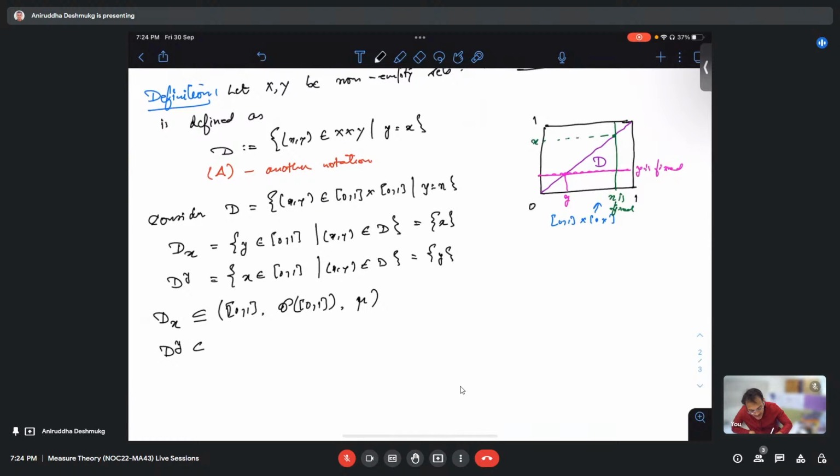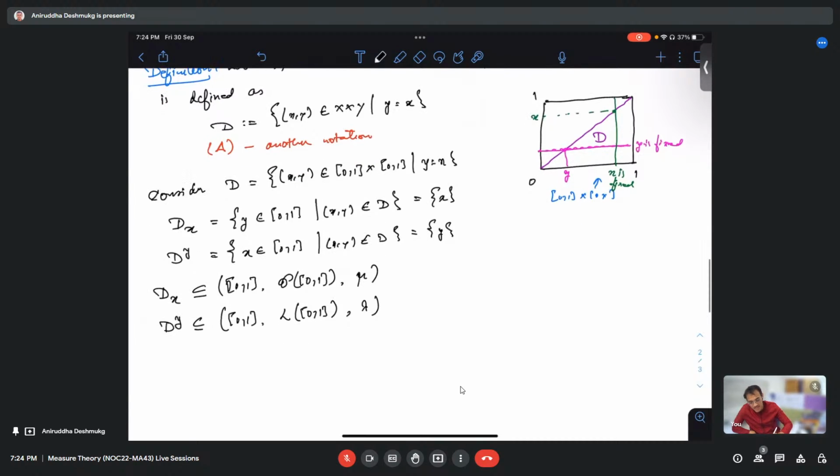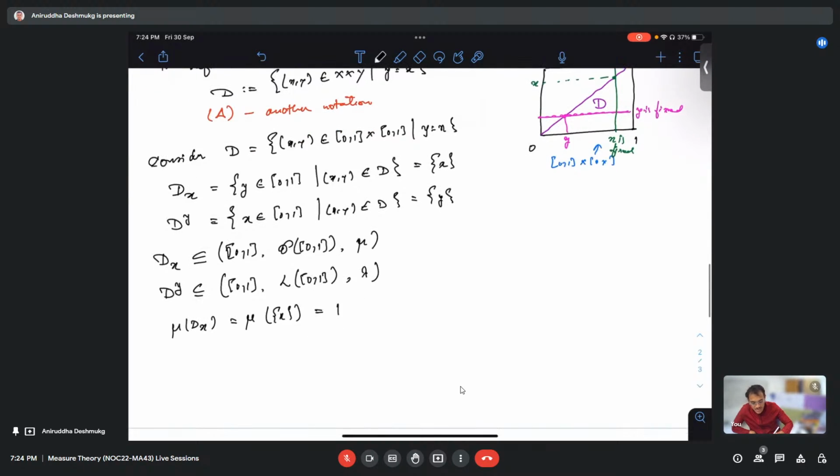On the other hand, D^y is inside [0,1], but here the sigma algebra is the Lebesgue sigma algebra of [0,1] with the usual Lebesgue measure. Therefore, what is the measure of D_x? The measure of a singleton set is 1 because it is a counting measure. But the measure of D^y is the length of the singleton set, which is 0.